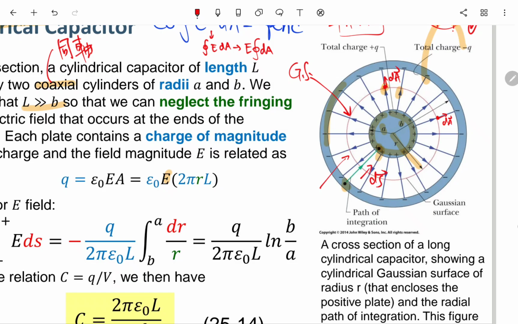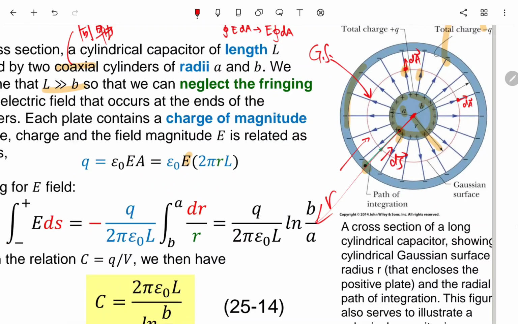Okay, but for the cylindrical coordinate, 就是圆柱坐标系的话，它会从中间开始算啊，这边是 r 的方向，这边是 r 的方向。Okay, so in that case, if you try to change ds into dr, because r points to the opposite side to the s direction, in that case dr equals negative ds.